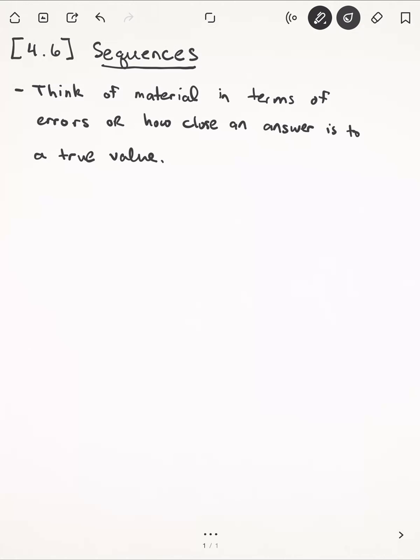So let's quickly recall what a sequence is. We defined it in section, I think, 4.1, when we were considering general functions. A sequence is a function whose domain is the natural numbers.